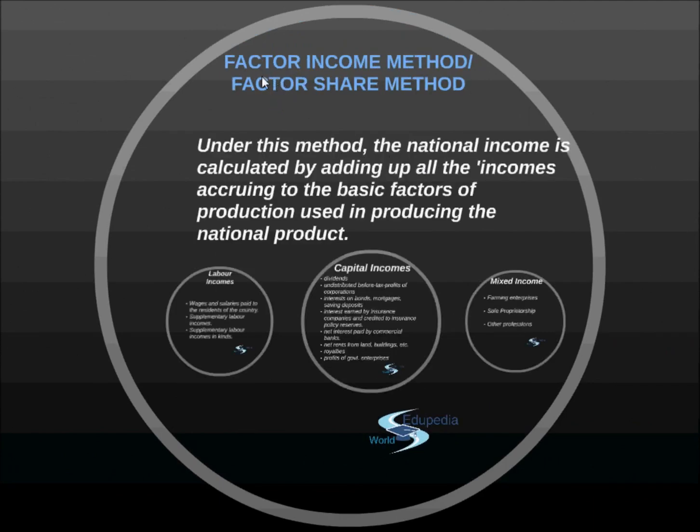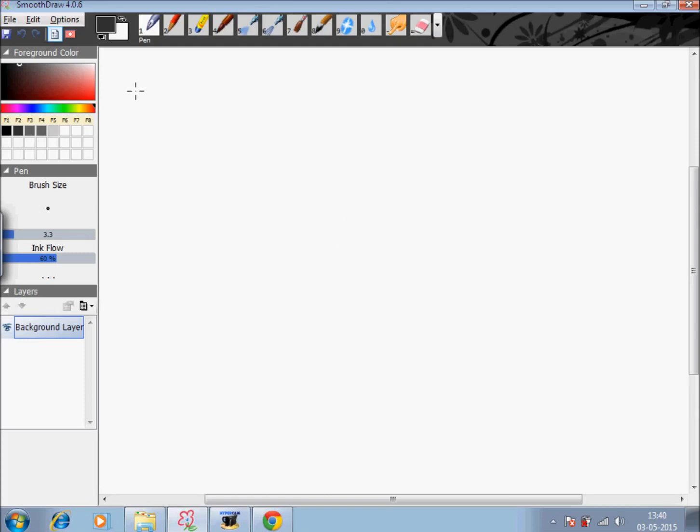The next method to calculate national income is the factor income method or the factor share method. Under this method, the national income is calculated by adding up all the incomes accruing to the basic factors of production used in producing the national product. So when we calculate the national income by this method, we simply add up wages plus interest plus rent plus profit.